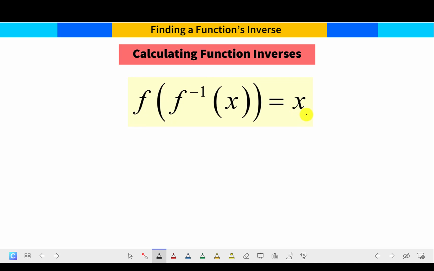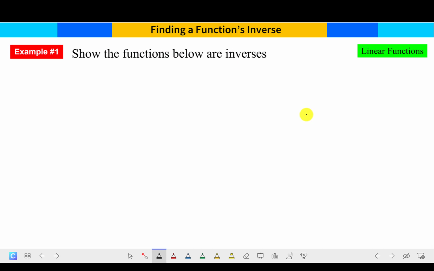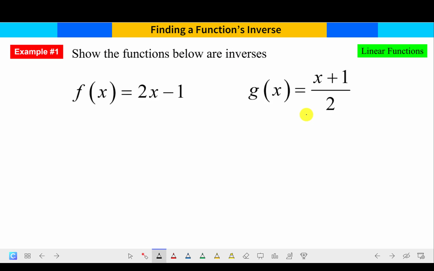So input equals, well, input. Okay, so let's go ahead and start off with linear functions, because they're really the easiest and the fundamental building block to what we're doing. I have two functions here, and they are inverses. I'll tell you that right off the bat. It says show that they are inverses. To show that, there's a couple of things you could do.